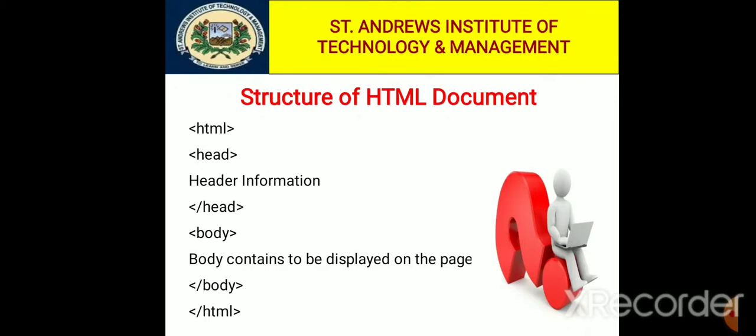This section comes after the close head tag. The body section includes tags for entering text, images, links, graphics, lists, etc. Anything outside the open and close body tag will not appear on the web page. Only the information between the open body tag and close body tag will appear on the web page.